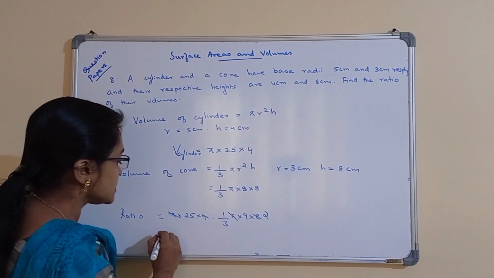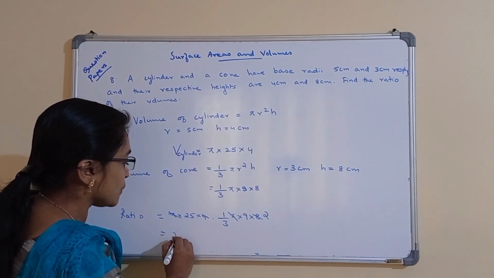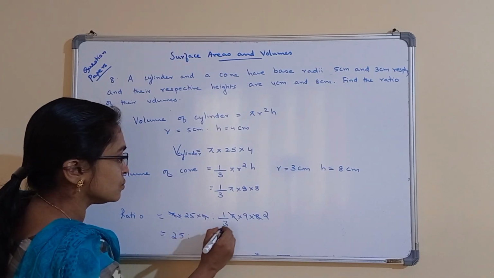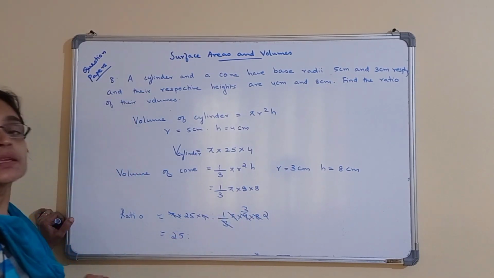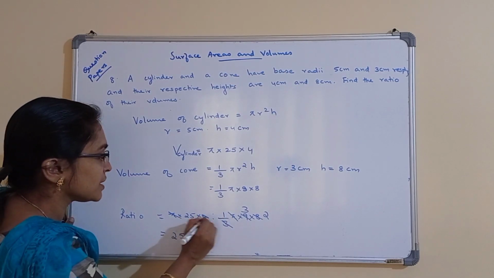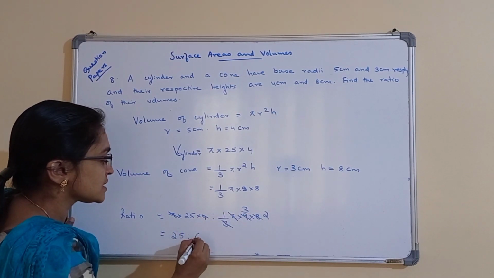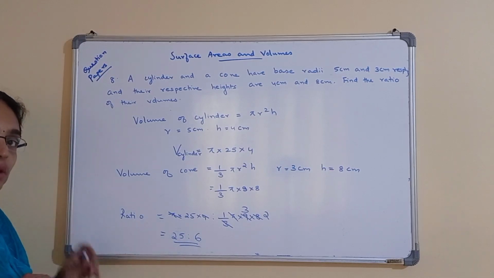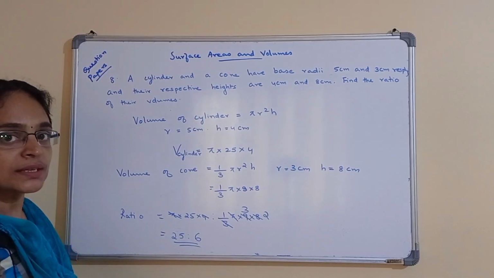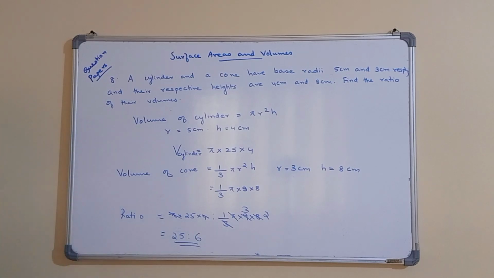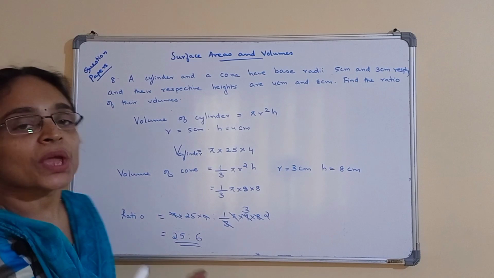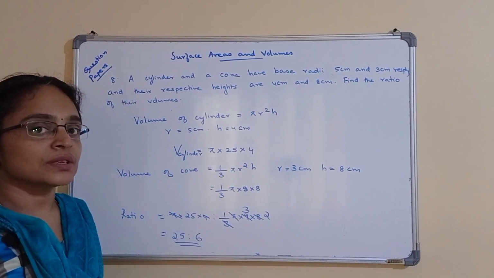So this is equal to 25 is to, 3 will go in 9 3 times, so 25 is to 3 into 2 is 6. So the ratio is equal to 25:6. Understood? You can just pause the video and note this down if you want.